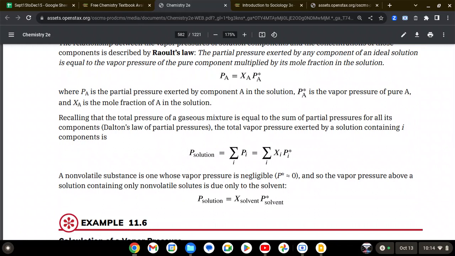Recalling that the total pressure of a gaseous mixture is equal to the sum of partial pressures for all its components, the total vapor pressure exerted by a solution containing i components is: the pressure of the solution equals the sum of all partial pressures. A non-volatile substance's vapor pressure is negligible, and so the vapor pressure above a solution containing only non-volatile solutes is due only to the solvent. So the pressure of the solution equals the mole fraction of the solvent times the pressure of the pure solvent.